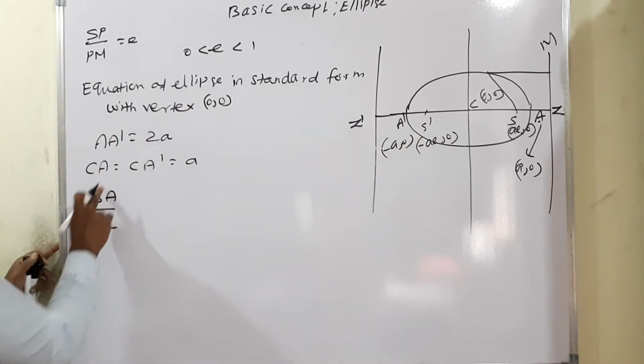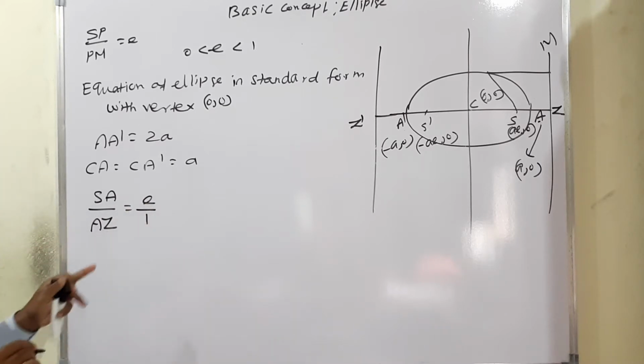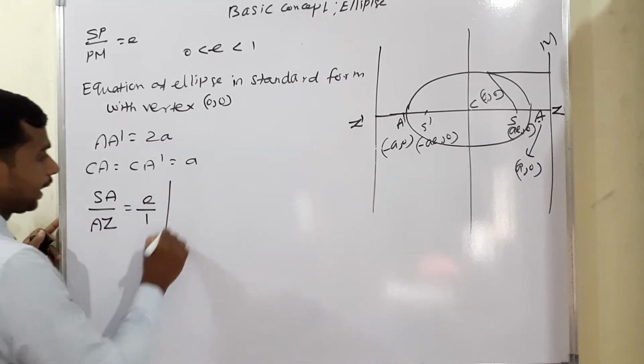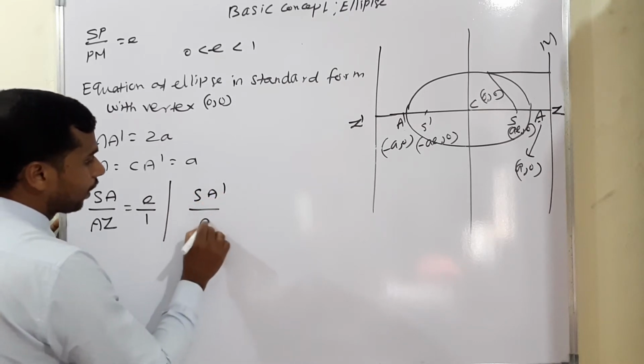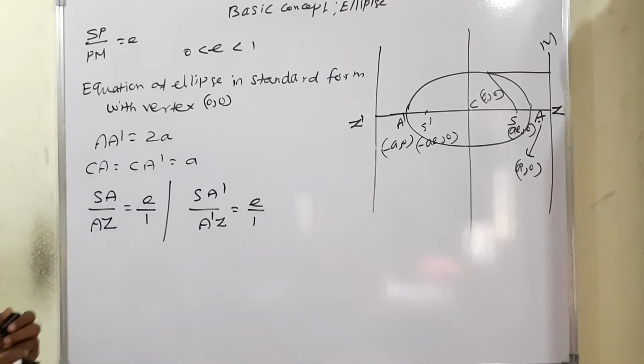So SA divided by AZ is equal to the ratio e is to 1, that is e divided by 1, as well as the second point, SA dash divided by A dash Z dash is equal to again e is to 1, that is e divided by 1.